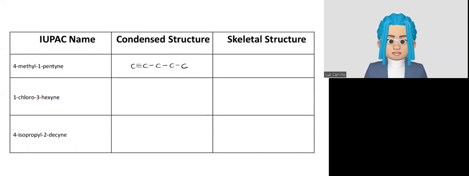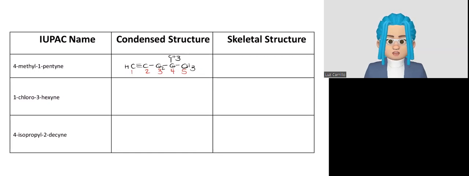So if I number the carbon atoms 1, 2, 3, 4, 5, on carbon 4, I have a methyl group. Then I complete the octets of the remaining carbon atoms. Carbon number 1 gets only 1 hydrogen. Carbon number 2, no hydrogens. Carbon number 3, 2 hydrogens. Carbon number 4, 1 hydrogen. Carbon number 5, 3 hydrogens. Remember that carbon needs 8 electrons. And since an alkyne is a hydrocarbon, we need to fill in the octet of carbon with hydrogens.